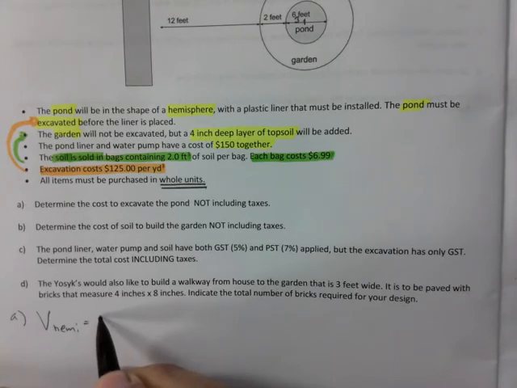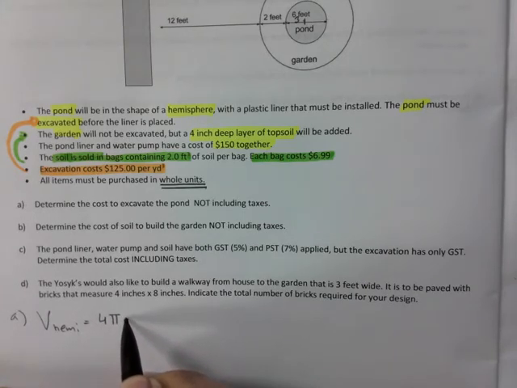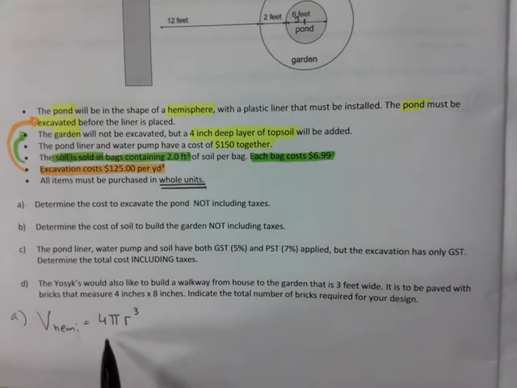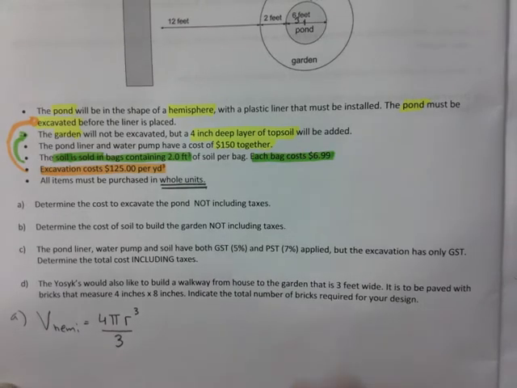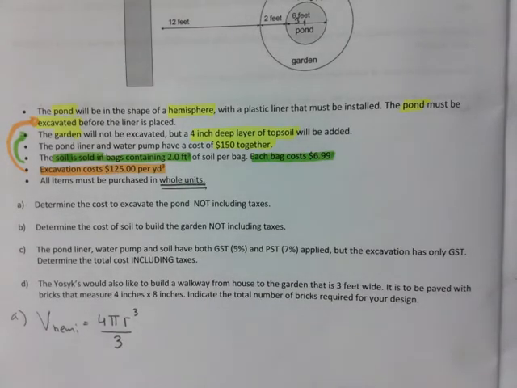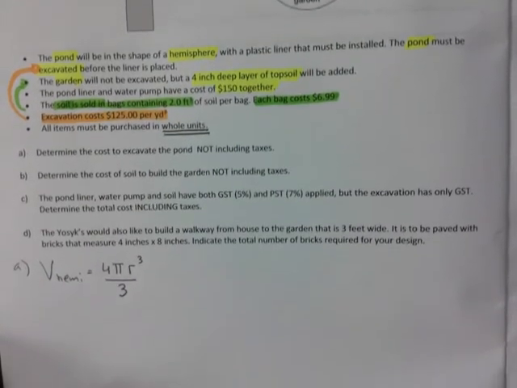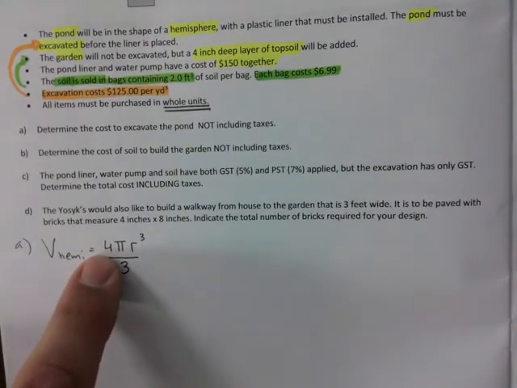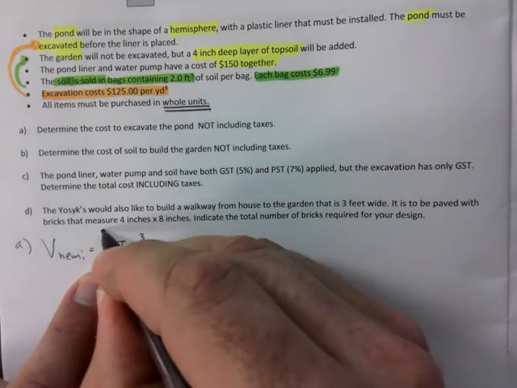So volume of a hemisphere, right? What was the formula again? 4 pi r cubed divided by 3. You should stop me right now. This is a full sphere. Yeah, it's actually 2.